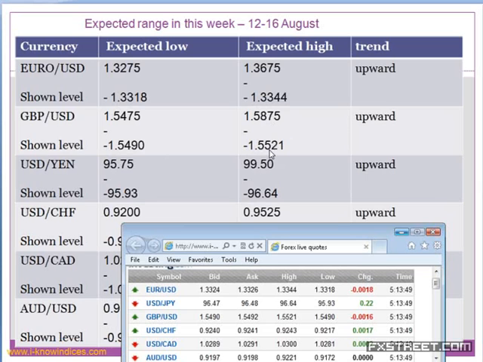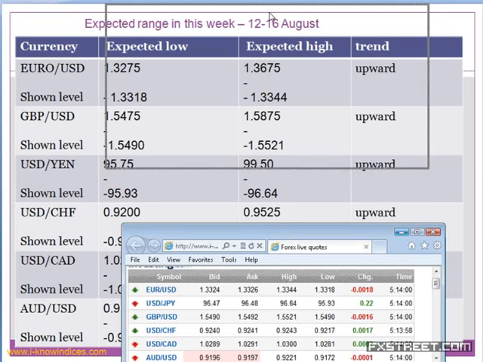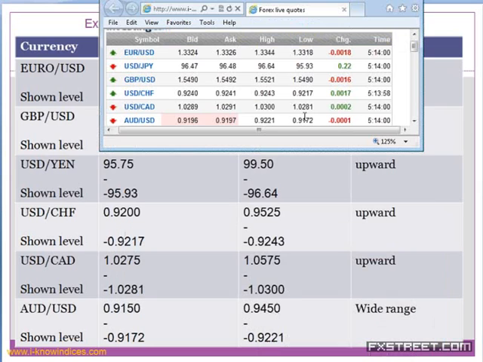Currently the high is 1.5521. As the week proceeds, I will update these lows and highs and show them to you again on Thursday when I come for the review of this forecast, and find out whether the market has moved in tandem with the expectations or the other way about.